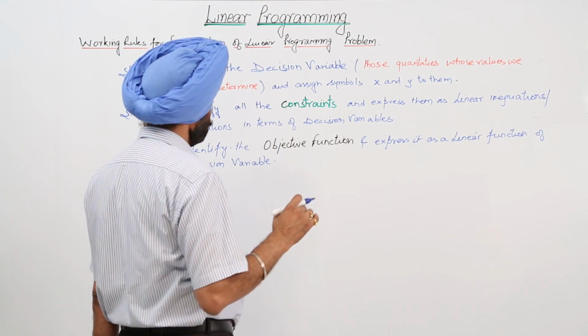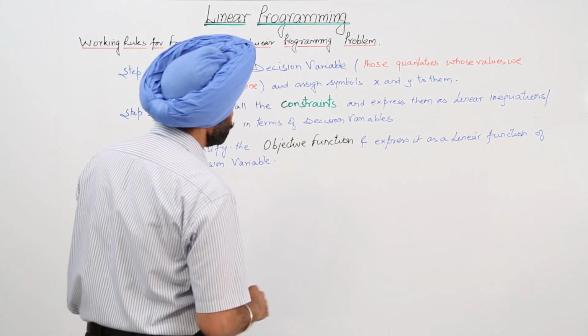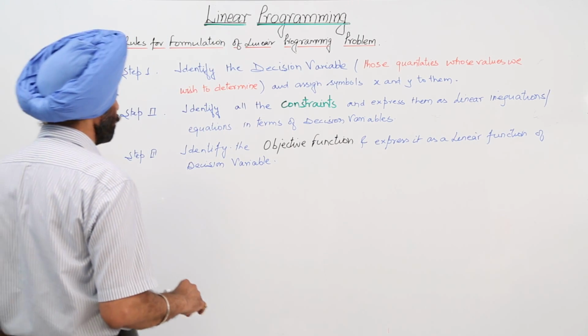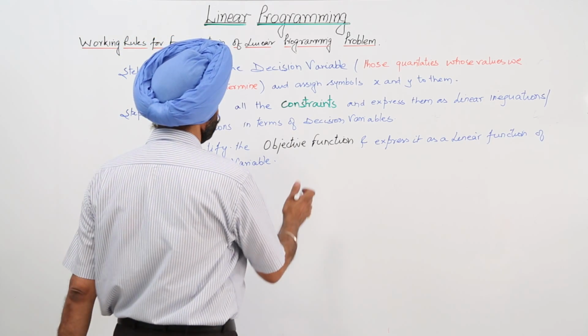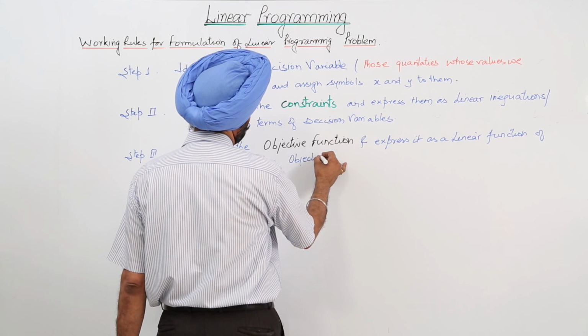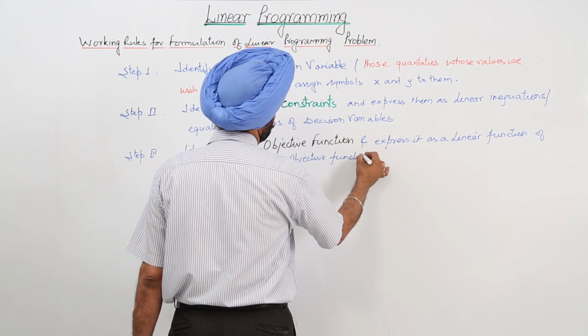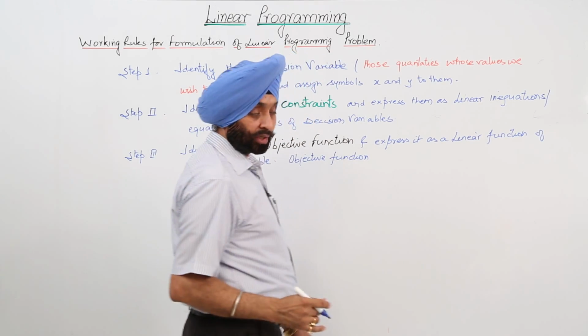Now just a tip for you, okay: identify the objective function and express it as a linear function of the decision variables. We have already defined the objective function.